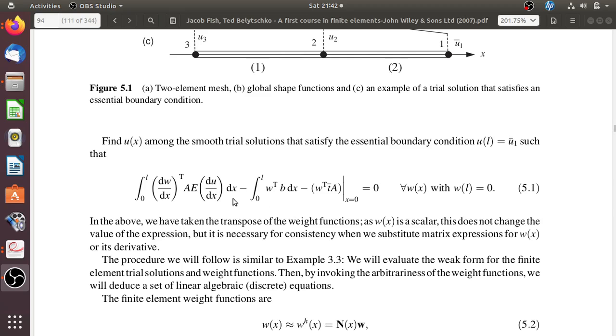And in order to choose that function, what we do is we assume some basis functions. We assume it for both u as well as w, okay.